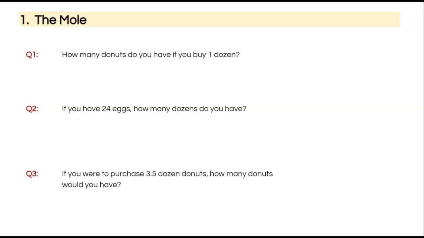In this first question, I'm saying, how many donuts do you have if you buy one dozen? I know that by definition, this is the unit conversion factor, if you will. I know that 1 dozen is equal to 12 of anything, right? 12 pieces, and in this case, the pieces happen to be donuts.